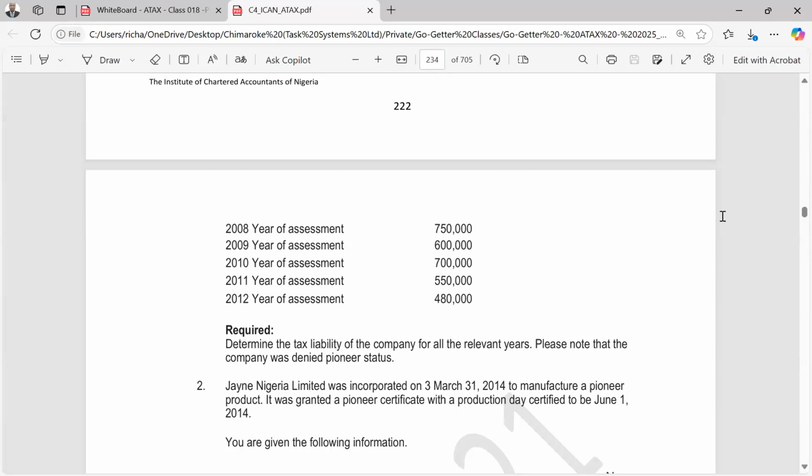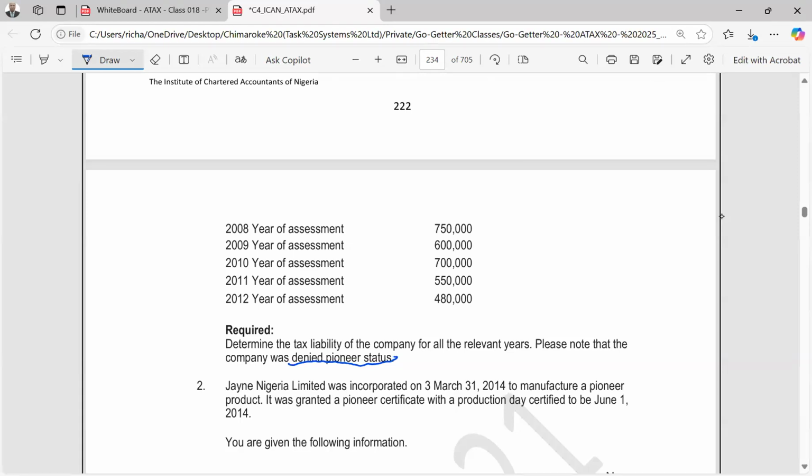Now they said, please note that the company was denied pioneer status. Now, this is one way that the question could be coined. The key word here that makes us consider it in pioneer is that it was denied pioneer status. And since there is a denial, there was nothing indicated in the question about the production date.